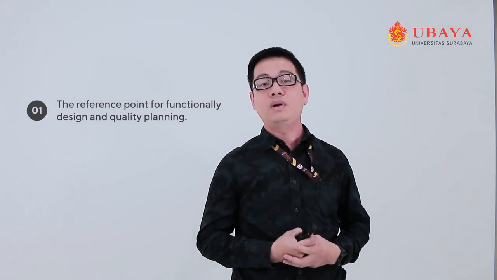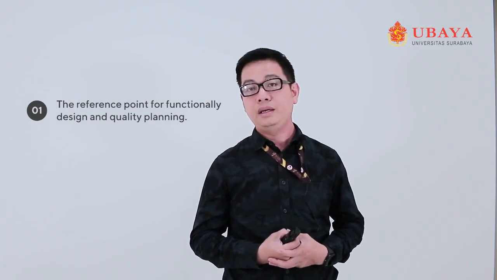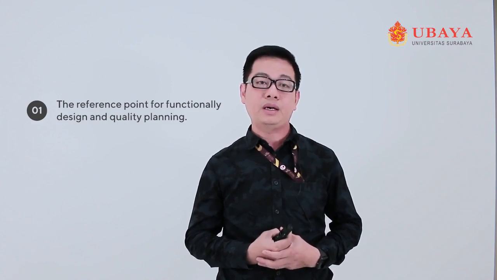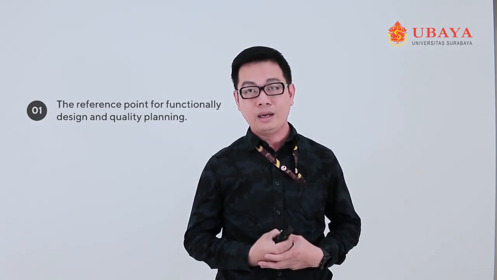Okay, guys, the nature of specifications. Talking about specification again, this is a reference point for functionality of the design and the quality planning. So we have to make sure that the product has good functionality and quality as well.